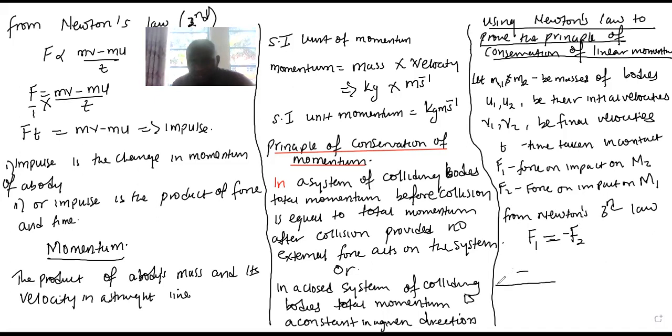Then, if you did draw an illustration for this, momentum before they collided, when they are colliding, we have F1 acting on M2. If this is our M1, M1 is going to experience a force F2. This is M1, this is M2, this is U1, this is U2. Then after they split, M2 moves with a velocity V2, while M1 moves with a velocity V1.